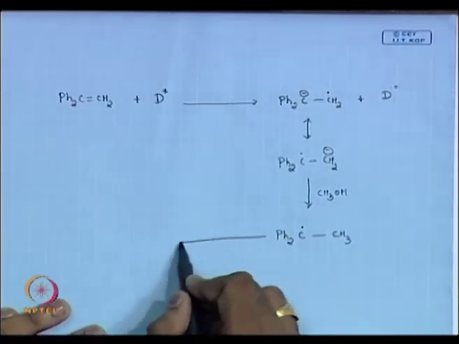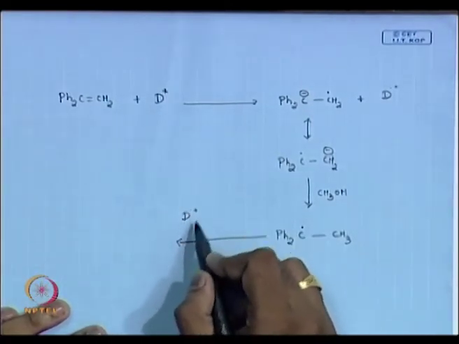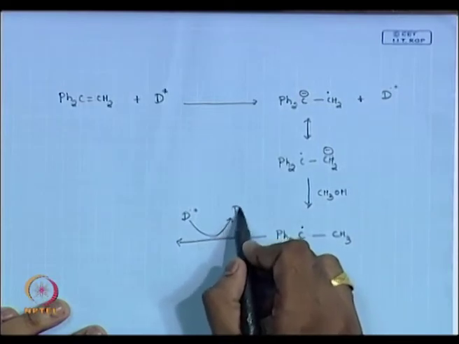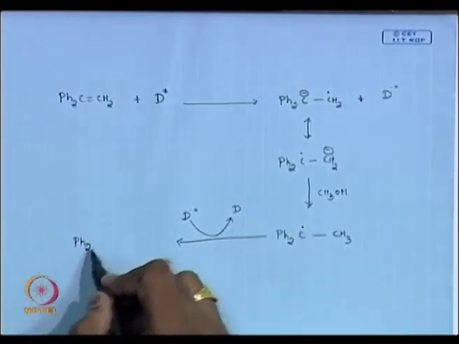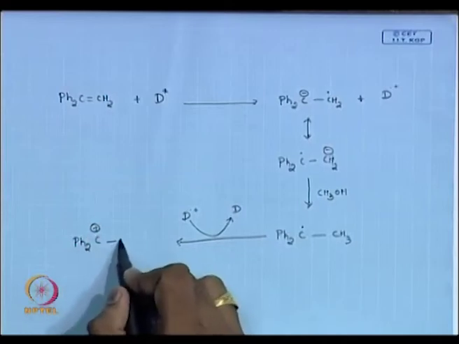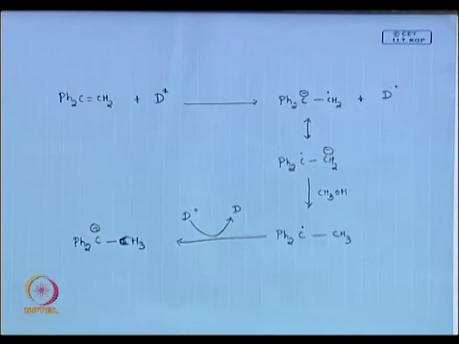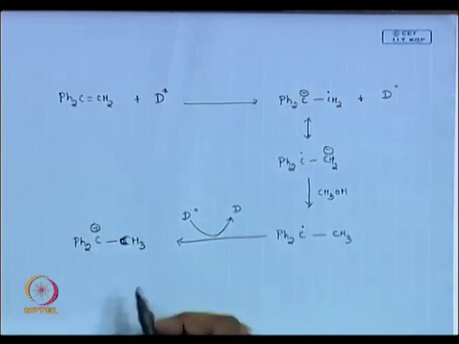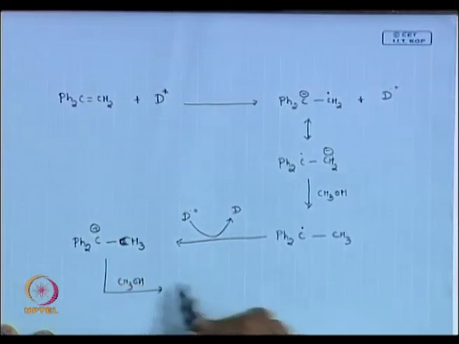Now again your donor comes and gets this electron back, giving the cation with CH3. Then it can react with your methanol, giving you the product.